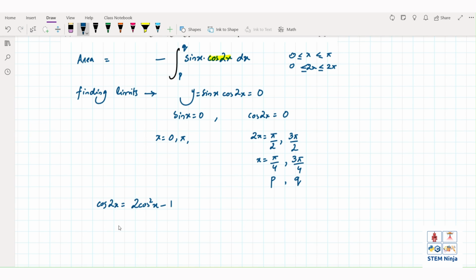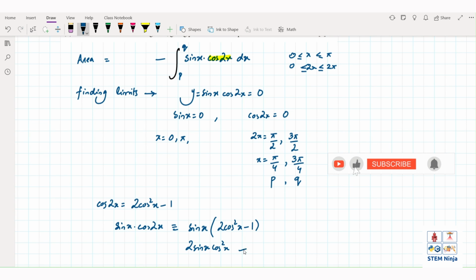So when we substitute it back, we get sine x times cos 2x is identical to sine x times 2 cos squared x minus 1. So that would be 2 sine x cos squared x minus sine x.